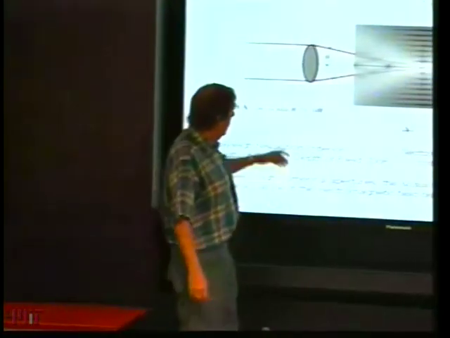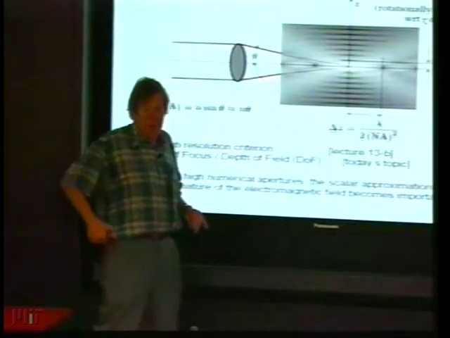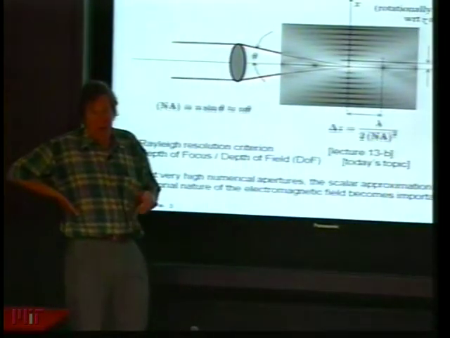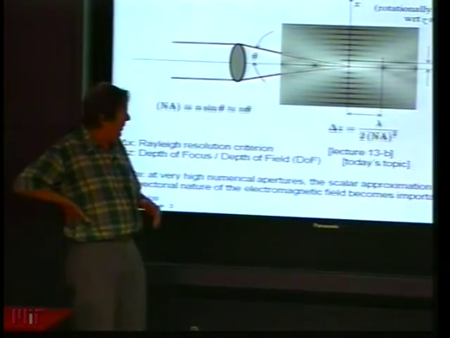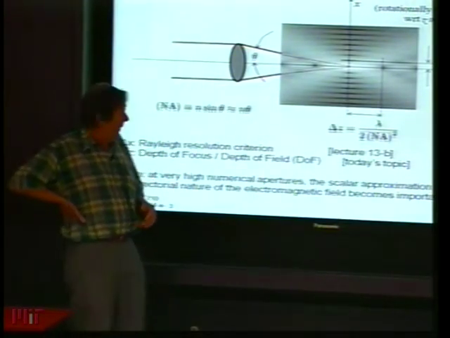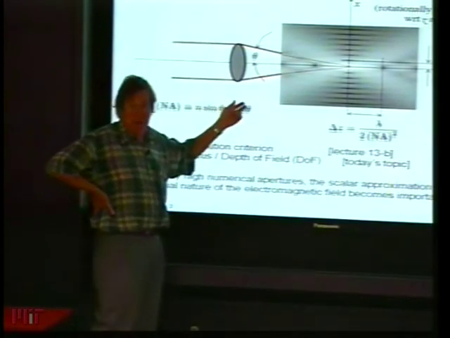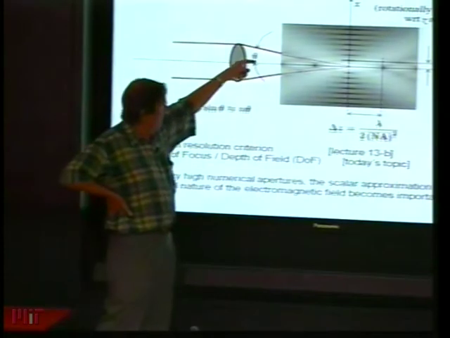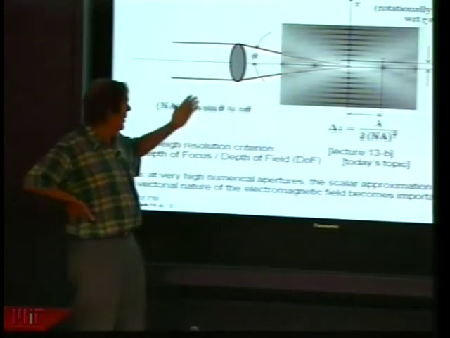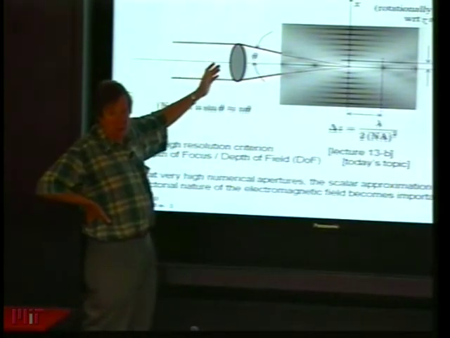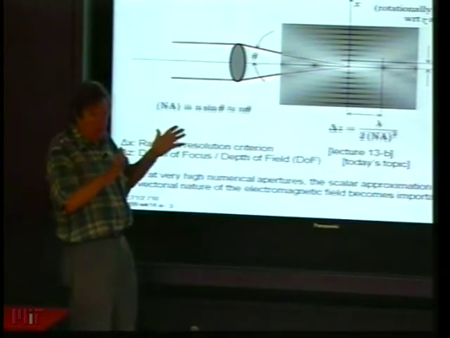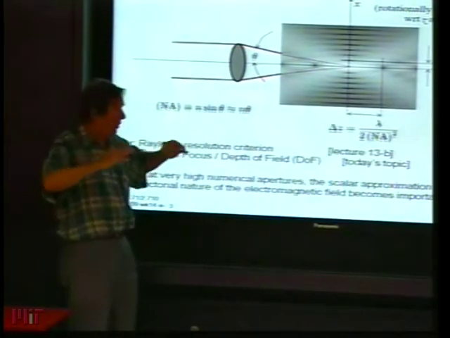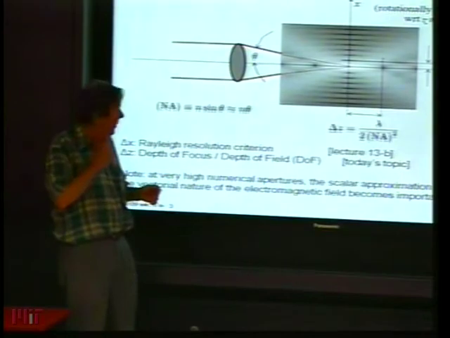When you do all this paraxial stuff, if you remember, all the time you're replacing sine theta by theta and making approximations like that. So there are lots of approximations you make. One is that the angles are small. The other is that you neglect the polarization effects. When the apertures become big, then the polarization effects become very important.